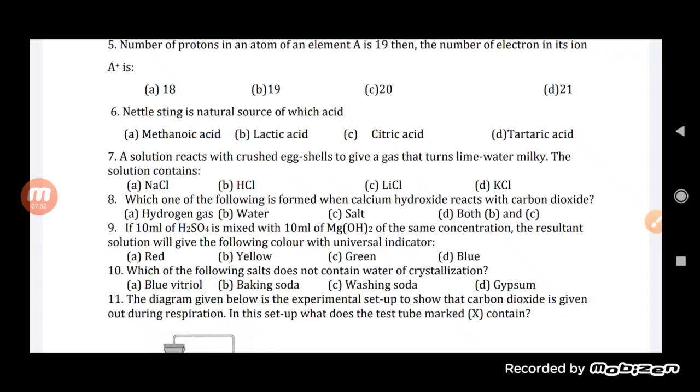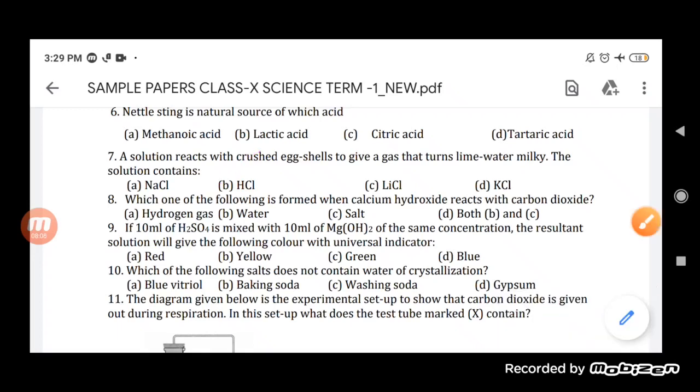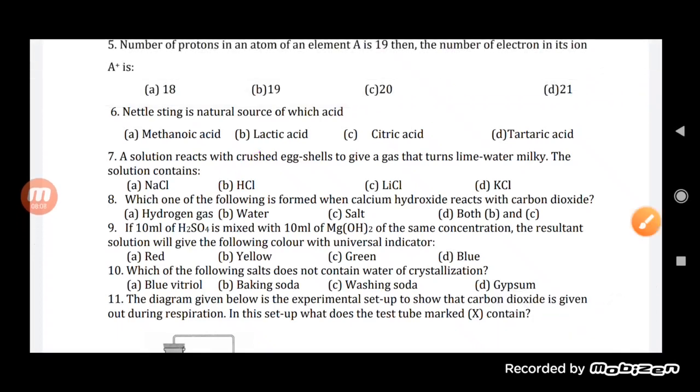Calcium chloride is formed in the reaction. So the correct option will be hydrochloric acid. When the carbonate reacts with HCl, calcium chloride is formed, and carbon dioxide gas is formed again.